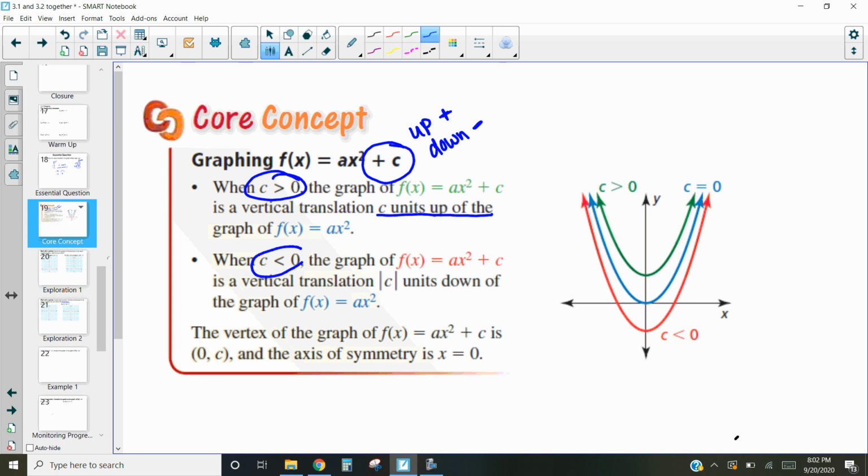If it's a negative number, it's going to shift it down that c units. Okay, so this blue line here is our f of x equals x squared. This green one would be when f of x equals x squared plus a c, and this red one is when our c is negative, so f of x equals x squared minus some constant. That's what those look like.